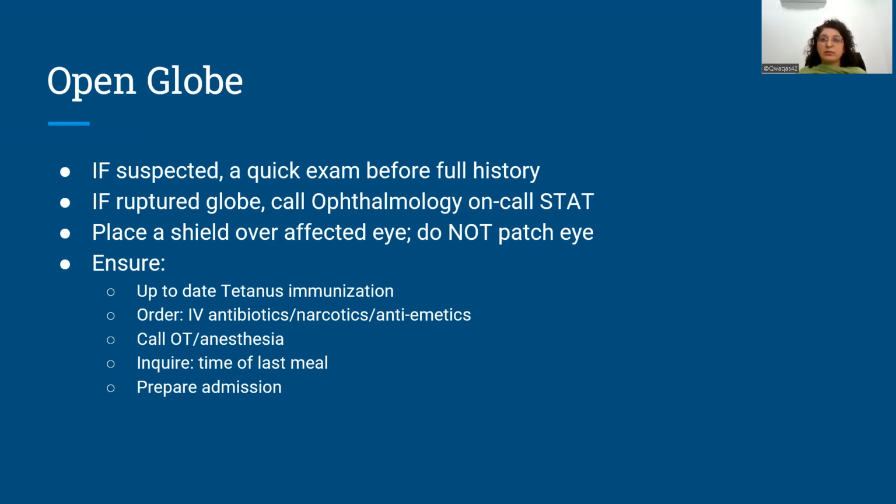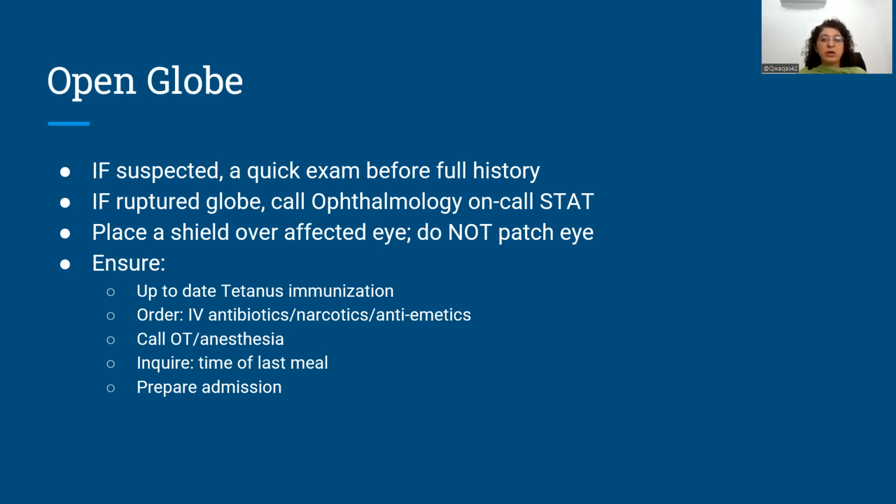If you do suspect a ruptured globe, call ophthalmology right away, and in the meanwhile, place a shield over the affected eye. Do not patch the eye. You do not want to apply any excessive pressure over a potentially ruptured eye by patching it. So a simple shield, like a pirate patch over the eye, is sufficient to avoid any added pressure.